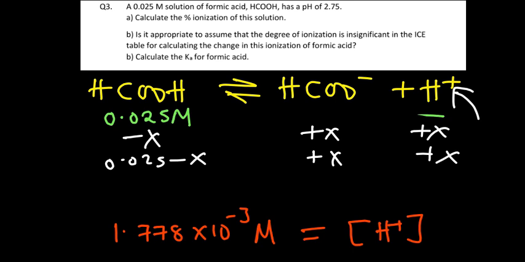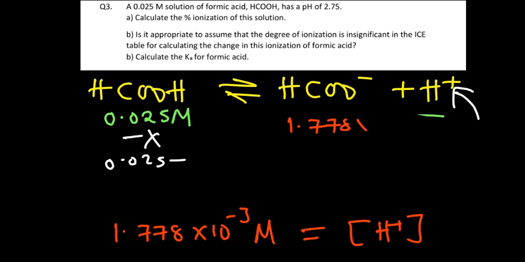To find the Ka, it's going to be dependent on these values. We've already found the value of x, so we can go on and substitute. Where is x? We have 1.778 times 10 to the power negative 3 in each place.